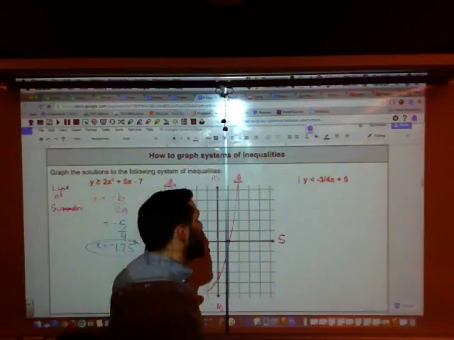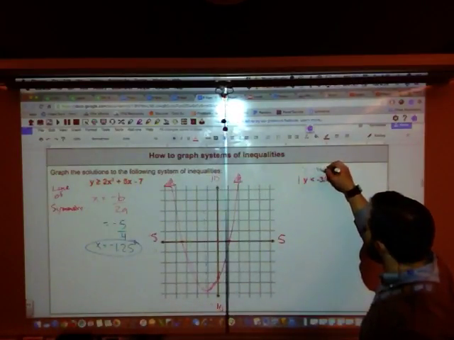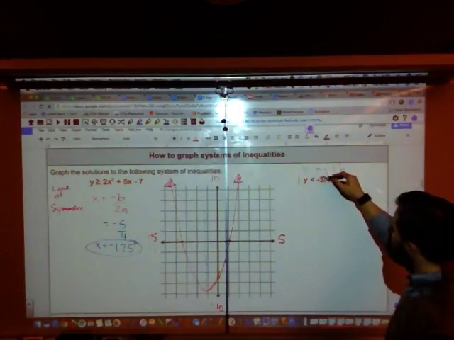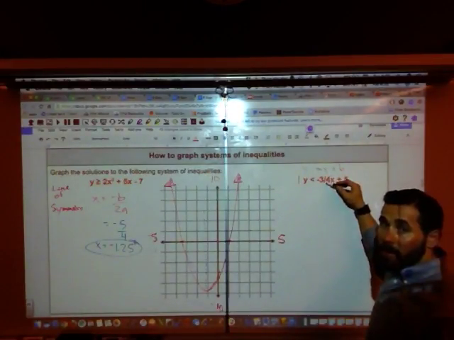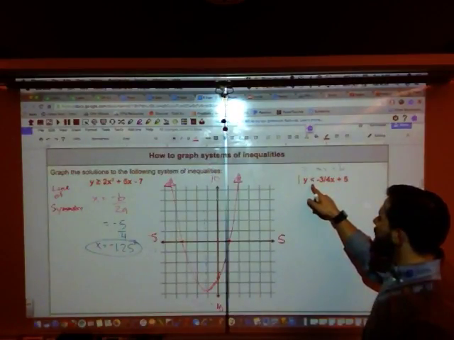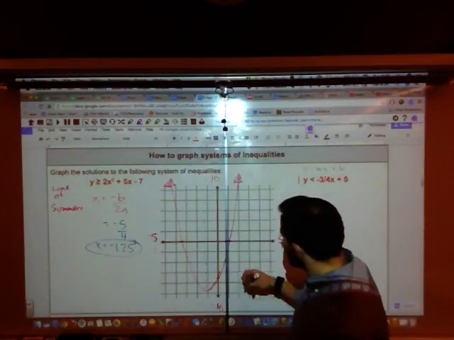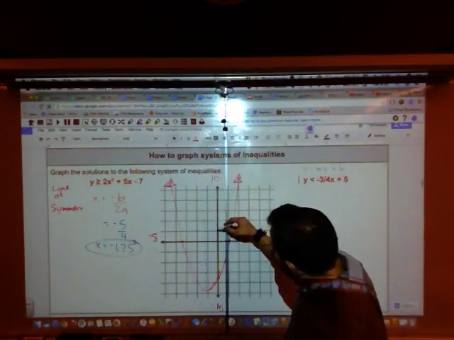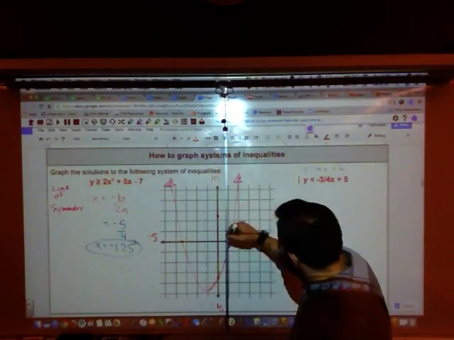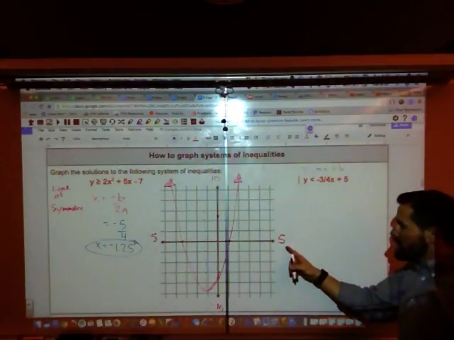So now in brown, I'm going to work on this. This is y equals mx plus b. So that's my y-intercept, and this negative 3/4 is going to be my slope. So I should be able to graph this pretty quick, but it's going to be graphed with a dotted line. So I'm going at 5. These are counted by 2, so 2, 4, 5. And I'm going down 3 over 4, so be careful with this.